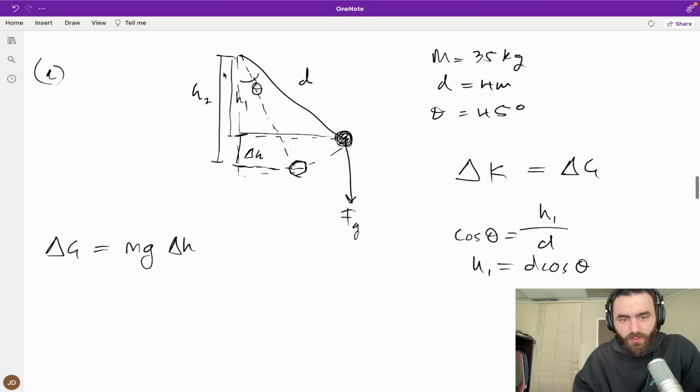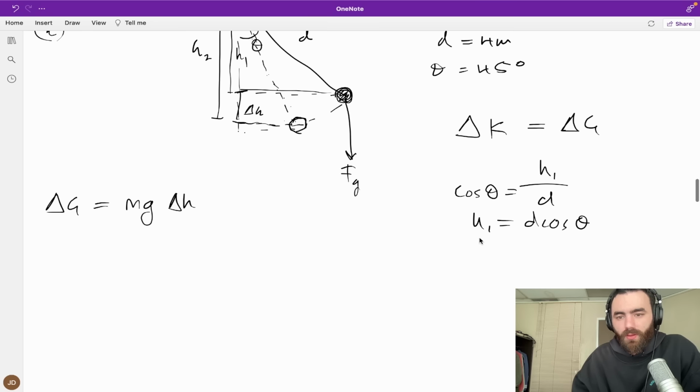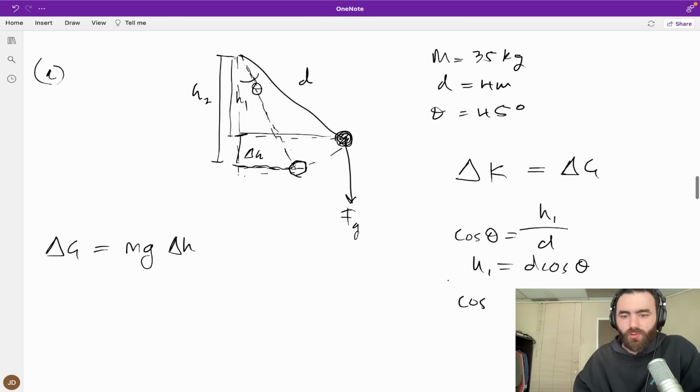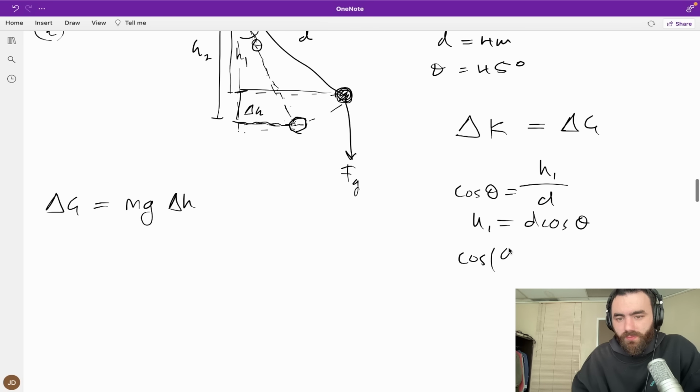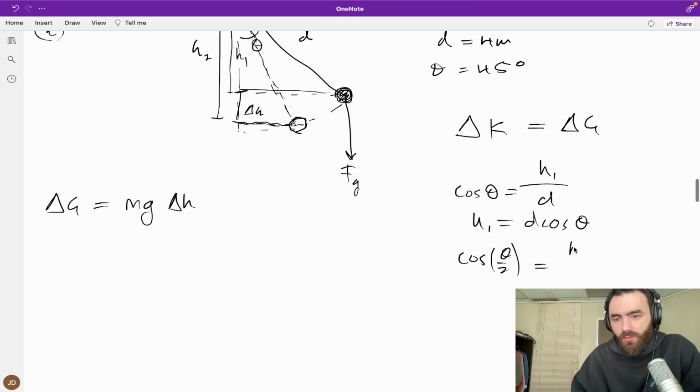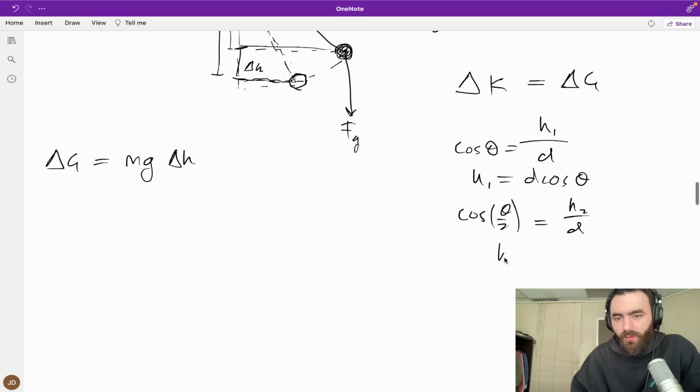And for this lower one, it's going to be cos of half of this angle, because it's halfway through its motion, so theta over 2 is going to equal H2 over D. H2 equals D cos theta over 2.